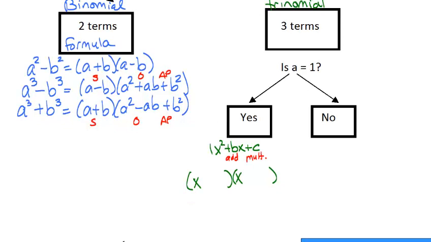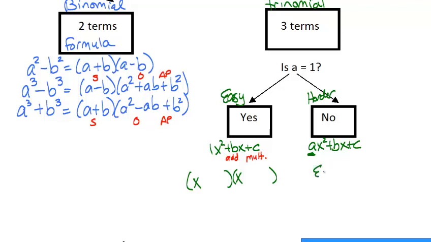But if a is not equal to 1, where we have ax squared plus bx plus c, where this a out in front is not 1, because if a is 1, then that's an easy thing to do. But if a is not 1, then we have a little bit of a harder trinomial. Sometimes we call this the easy trinomial, and this one the harder trinomial. Okay? So if we have the harder trinomial, then you have a choice.